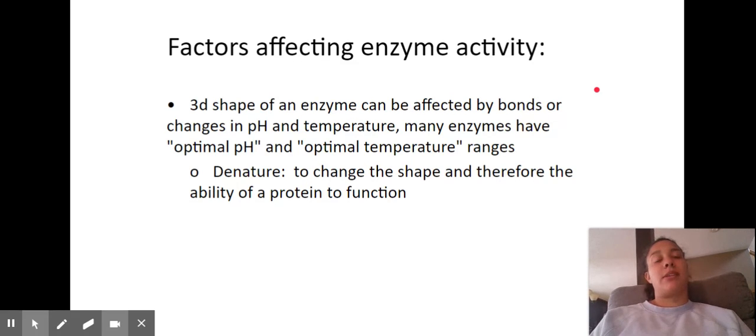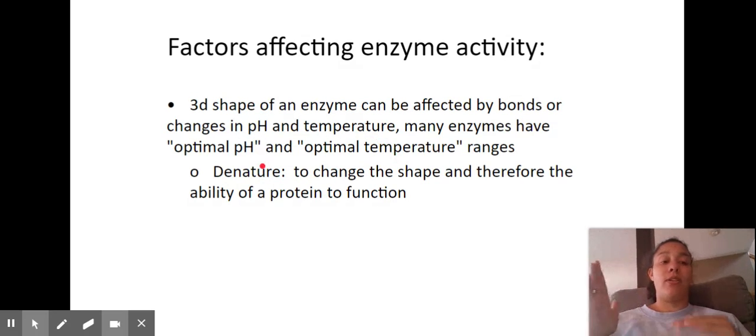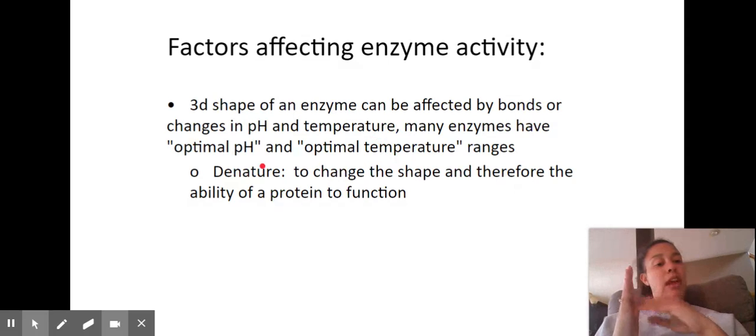Every enzyme is going to have an optimal pH and an optimal temperature range, right? So we're often going to see graphs that show us rate of reaction on the y-axis and then something else on the x-axis, whether it's pH or temperature or enzyme concentration, that sort of thing.